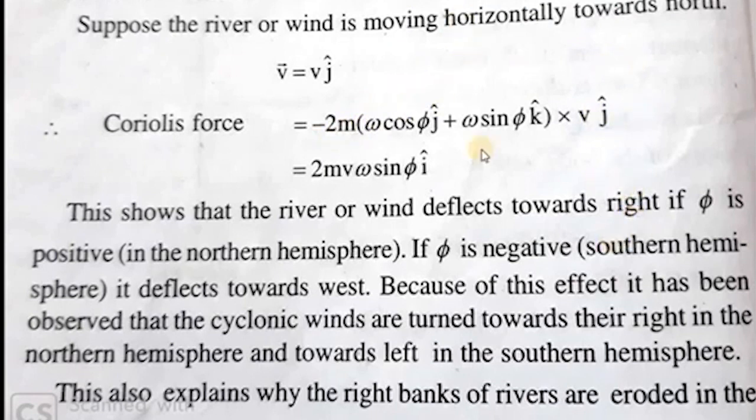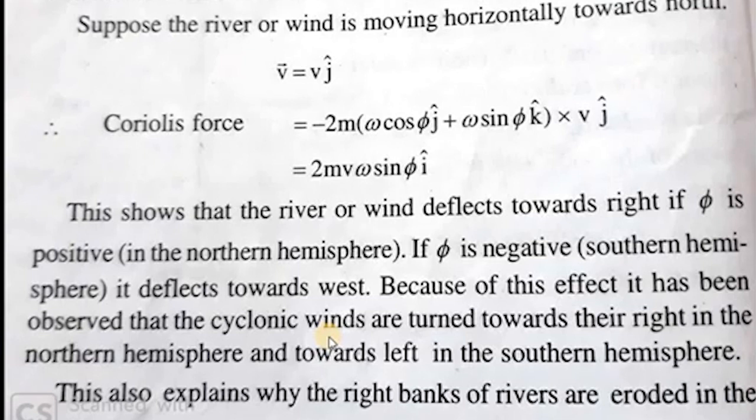I represents the right direction and minus I represents the left direction. So the river or wind deflects towards the right if phi is positive in the northern hemisphere, and if phi is negative, in the southern hemisphere, it deflects in the opposite direction, that is, towards the west.